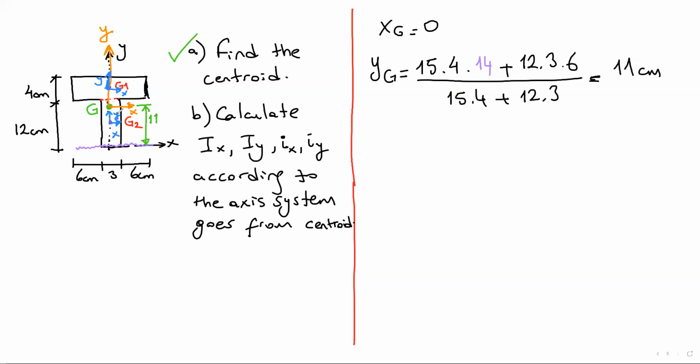The logic is that firstly, we do our calculations for the basic shapes, local coordinates, local centroids. Then we transfer it to the global axis. Do it local and then shift it from local to global. This is the logic. If you understand this one, you can solve every problem. Now let's write the Ix.